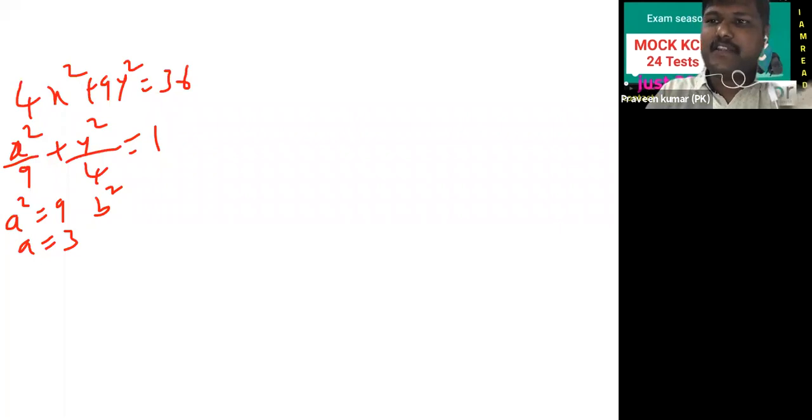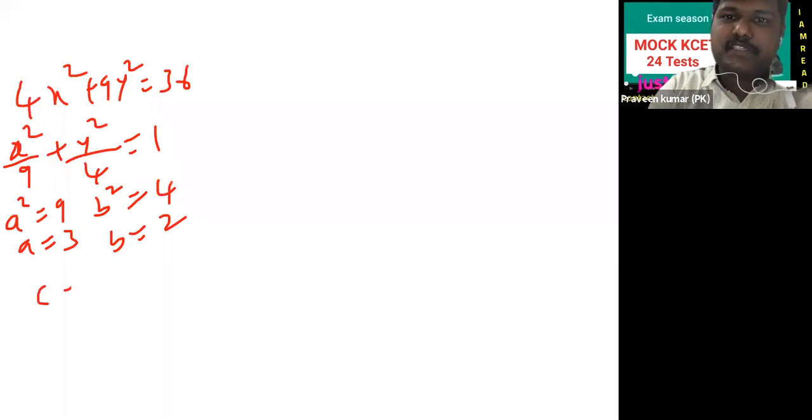What is the answer, everyone? B square is 4, B is 2. C is equal to root of 9 minus 4, root 5. Correct, Nitya?